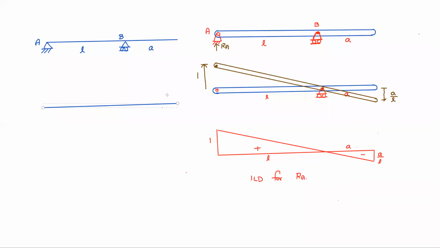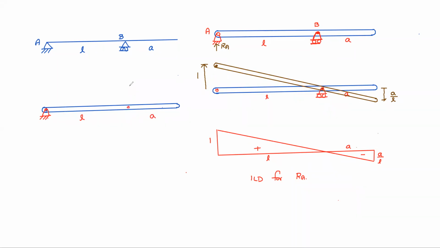See, this is the beam. Here support at A. So I will remove the support at B. Okay, then this is L, this is A. Then what should I do?